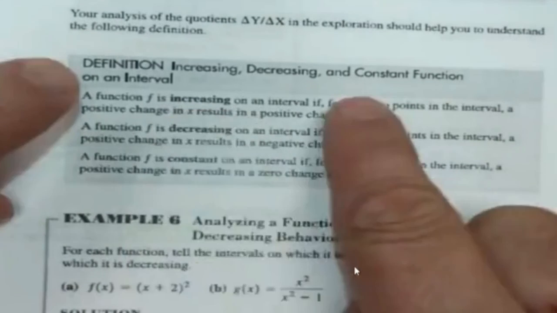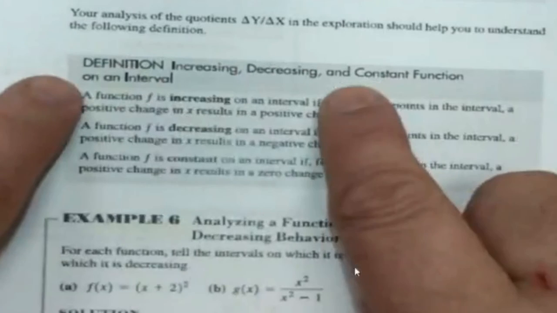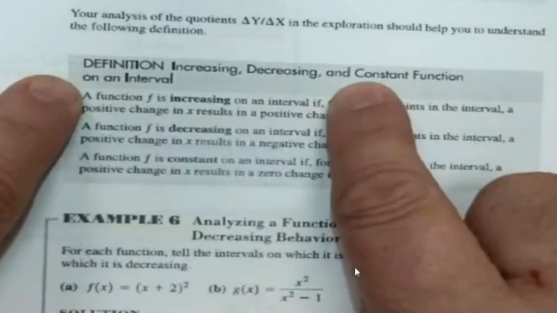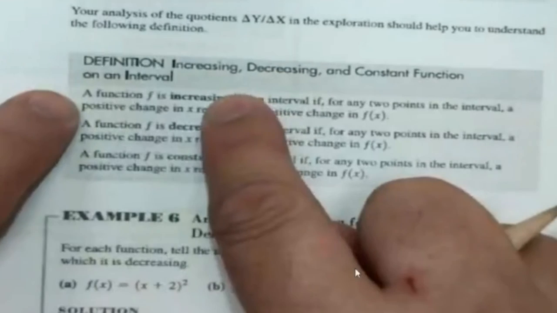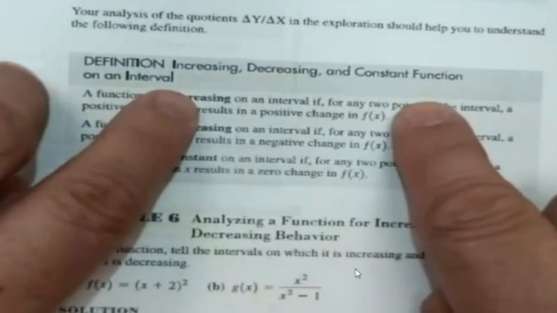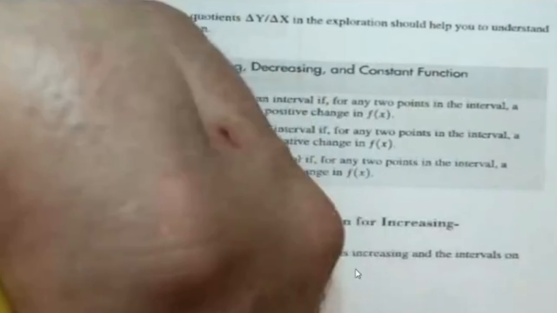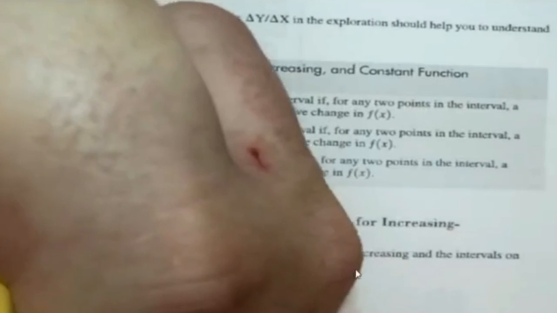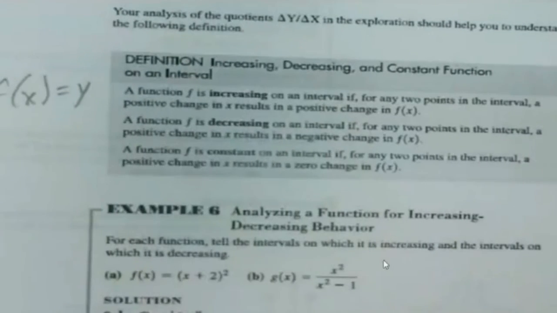Let's break it down portion by portion. What's it saying? A function's increasing on an interval. Okay, so it means in an area, for any 2 points in the interval. So if we look at 2 points in that space, a positive change in x results in a positive change in f of x, which is y, right? Because we know f of x is also y.